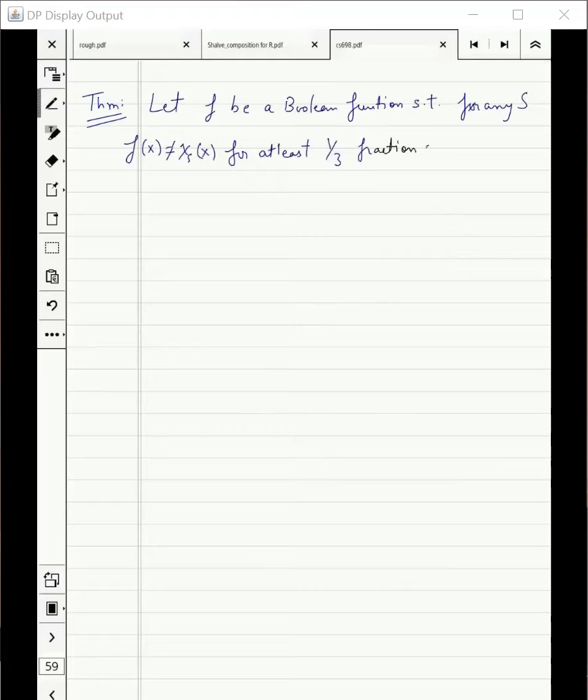So at least one third of the inputs, f(x) does not agree with chi_s(x). That is the definition of f being far from linear.